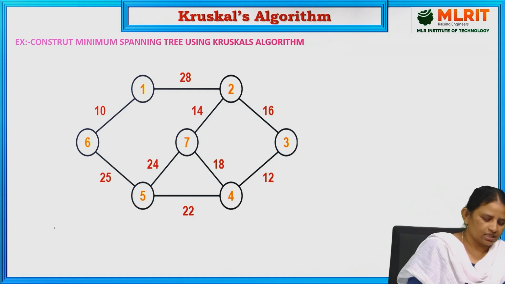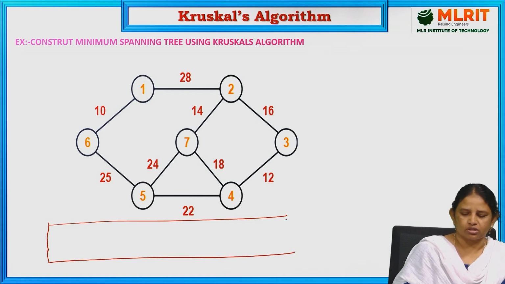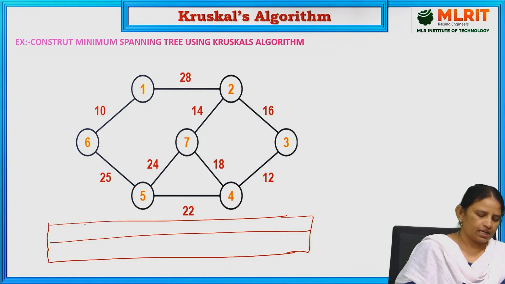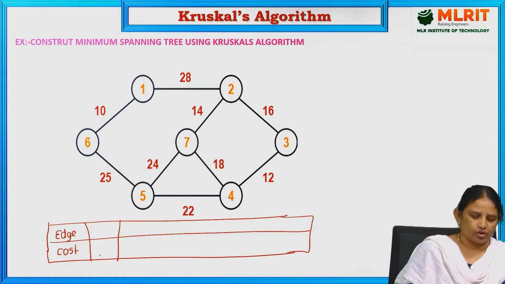So what is step number 1? Arrange all the edges according to the weight or cost. Draw two rows. First row is edge, second row is cost. So the first, least cost edge is 1 to 6, cost is 10.